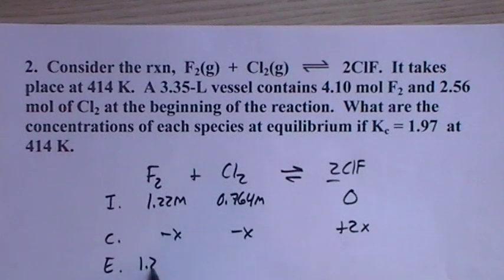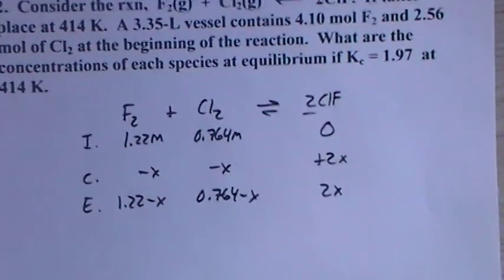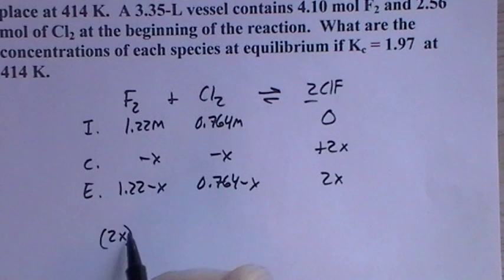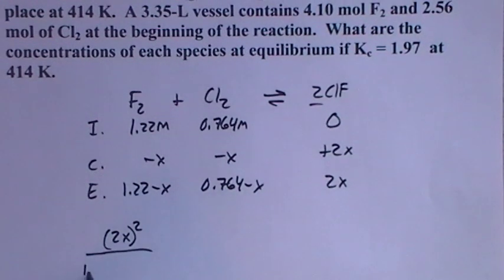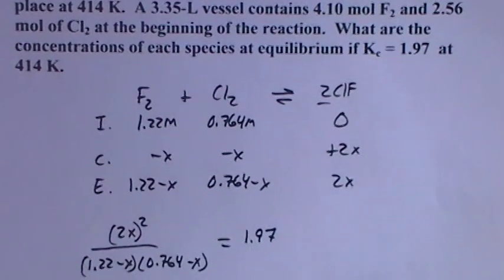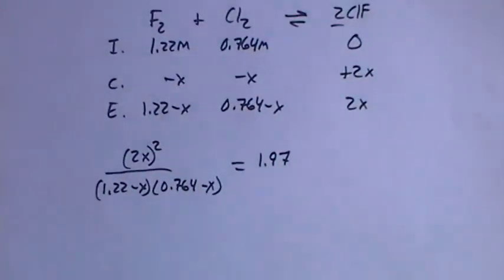That's the deal. Don't forget that. We're looking for the concentrations, so we put them into, right now x is just an unknown, but if we put it into the Kc expression, and Kc is 1.97, now it's something that we can solve for.